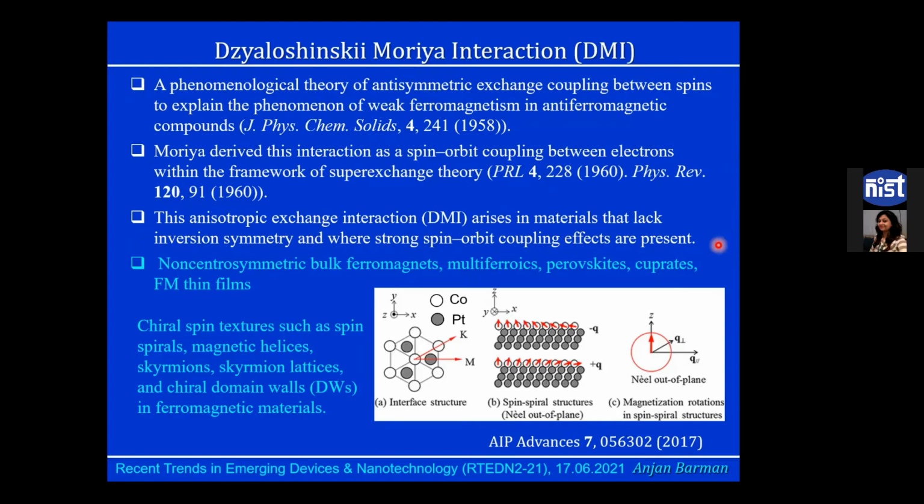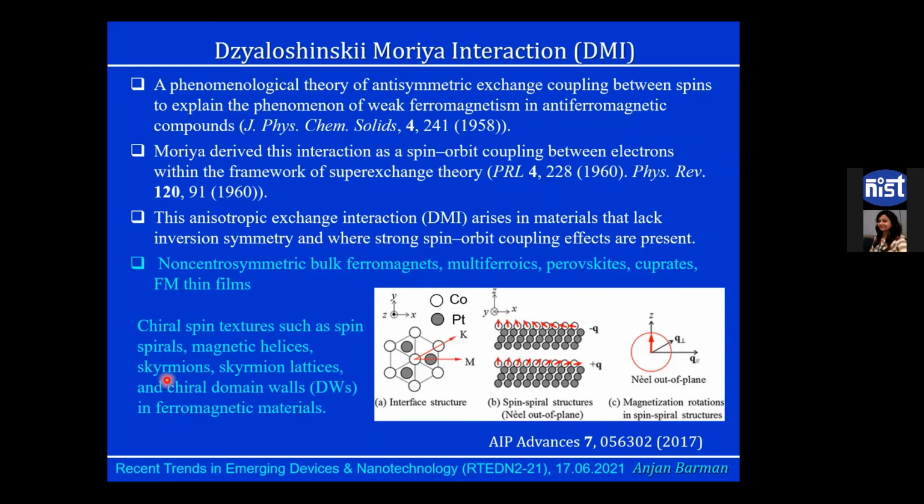And these are generally present in non-centrosymmetric bulk ferromagnets, multiferroics, perovskites, cuprates, and also in ferromagnetic thin films and heterostructures. And they give rise to chiral spin textures, like spin spirals, magnetic helices, skyrmions, skyrmion lattices, chiral domain walls, and so on. All of these are very important because chiral magnetism and chiral magnonics have become a very interesting topic recently.